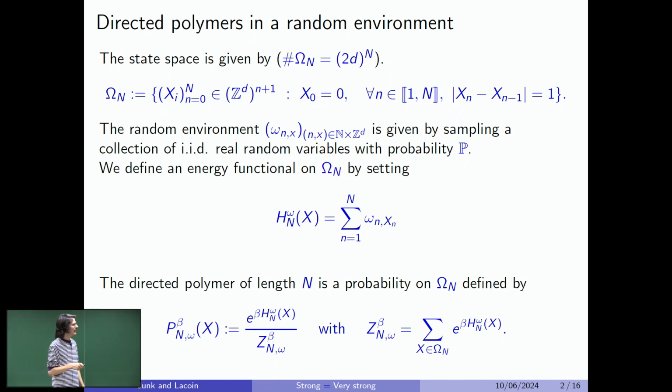The energy corresponding to a path x is the sum of the omegas taken along the graph of the path. The graph of the path x, the set of (n, x_n), is the relevant object here.